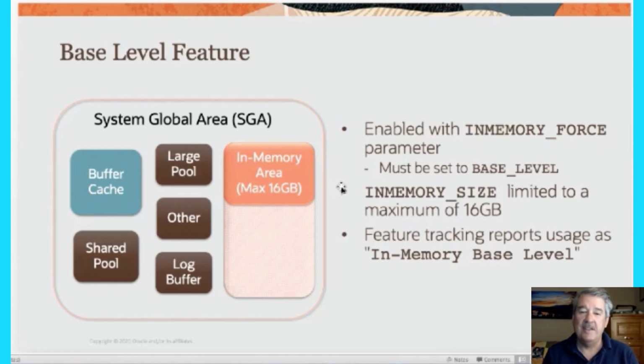So with this new base level feature, if you set the inmemory_force parameter to base_level, then you can allocate up to 16 gigabytes of column store, and Database In-Memory, for the most part, and there are a few caveats, but for the most part will work without having to license Database In-Memory. Now, it only works on Enterprise Edition, just as Database In-Memory does. So you can't go to Standard Edition and use this. But other than that, it's Database In-Memory, and so you can try it out.